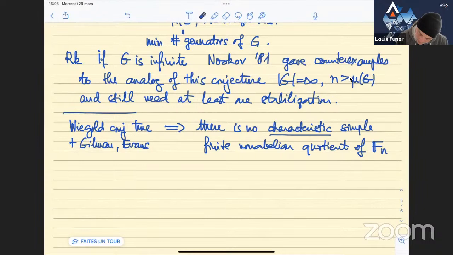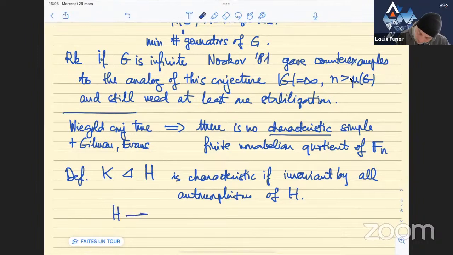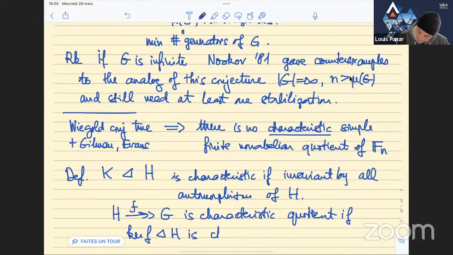If I have a group H, a normal subgroup K of H is characteristic if it is invariant by all automorphisms of H. Taking a quotient F into a group G, G is a characteristic quotient if the kernel is characteristic.